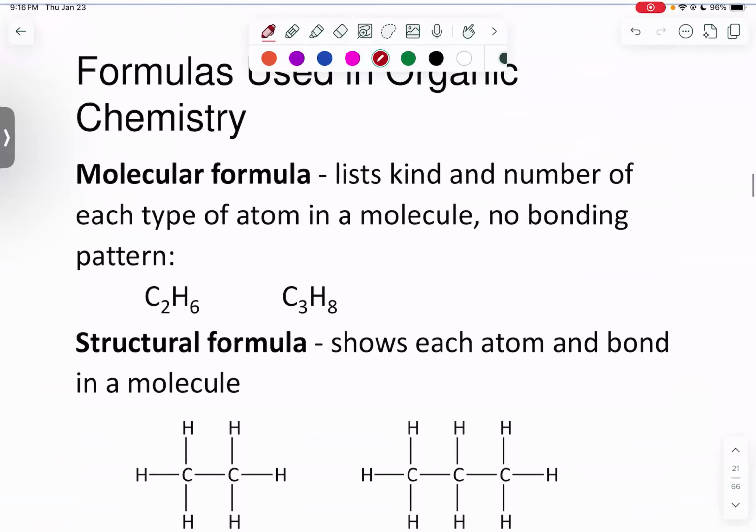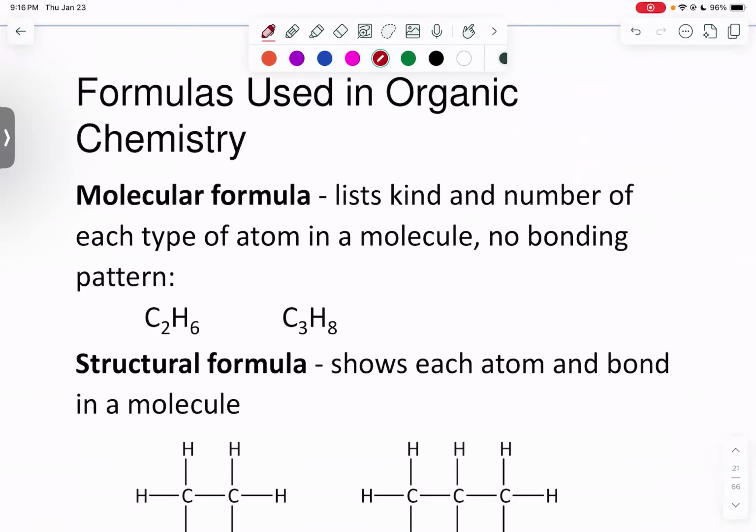So there are a lot of different ways that you can show formulas for organic compounds. There's actually 4 different ones that we're going to talk about. And so the most simple is just the molecular formula, just like we were talking about with our C6 example, right? So if I have C2H6, I know that's 2 carbons, and I'm going to teach you how to name it.